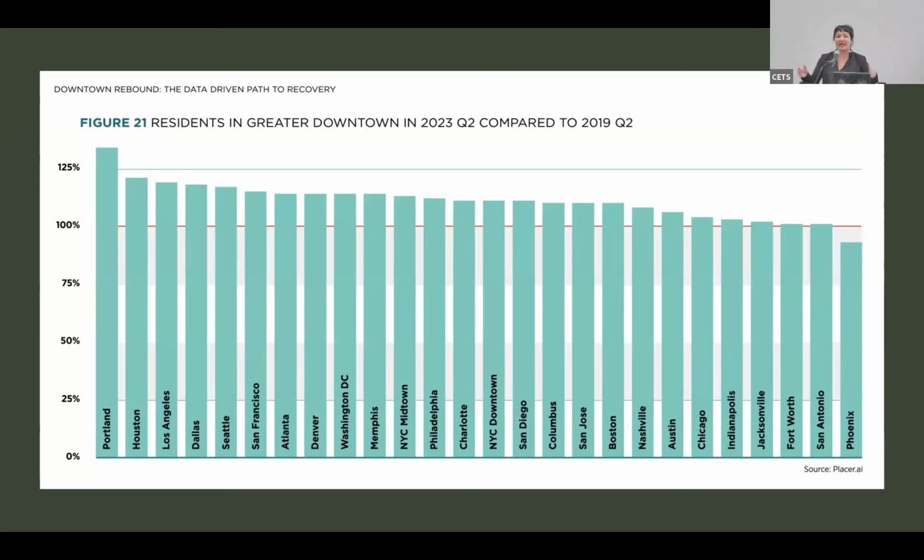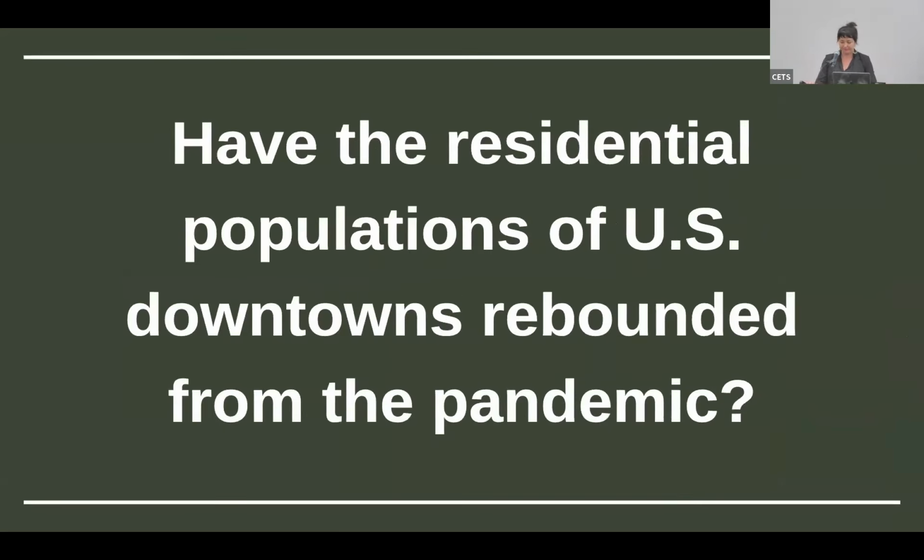And this is in media and academic literature, and it's not at all unfounded. So this claim that residential populations have actually been growing, if true, strikes me as having really big implications for the planning field. So with that, we set out to explore the data on our own.